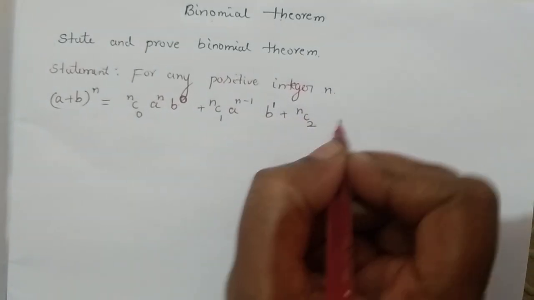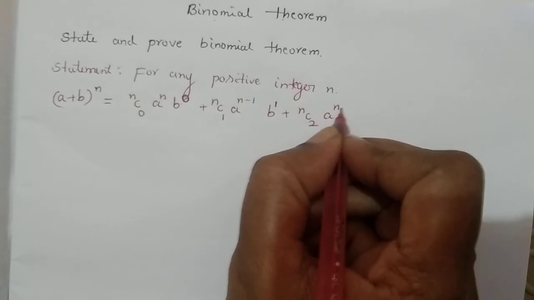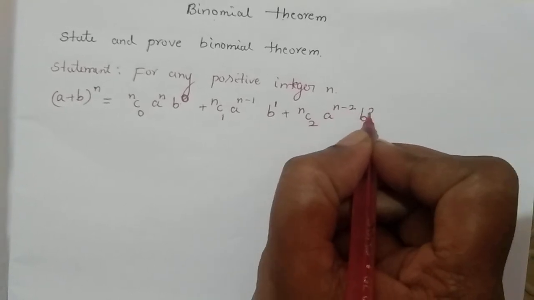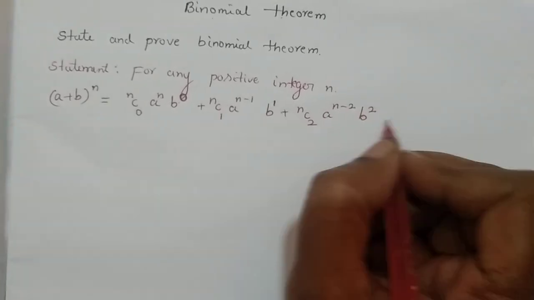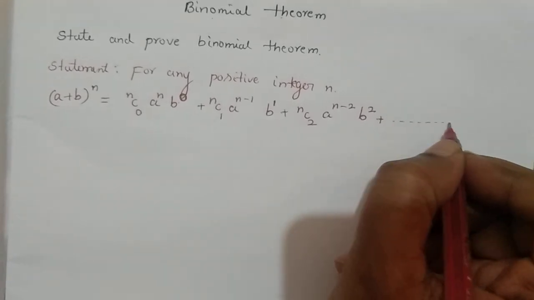Next, nC2, a to the power of n minus 2, b power 2. Like this, as many terms as you want, you can write so on.